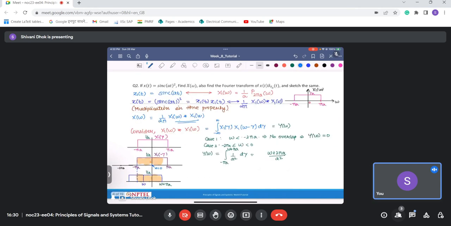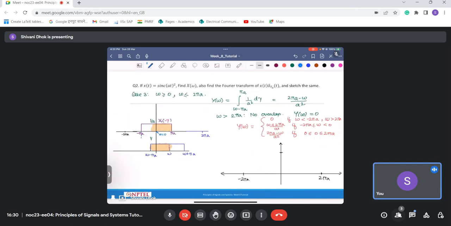Also note there is a 1 by 2 pi factor here, so this x of omega is basically 1 upon 2 pi into y of omega. So at omega equal to 0, it takes the value 1 by a.